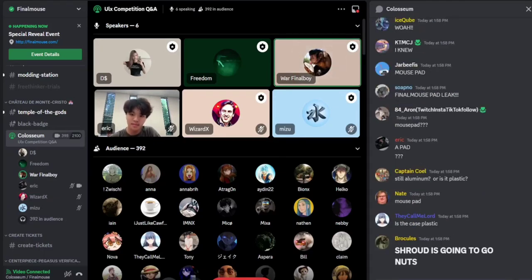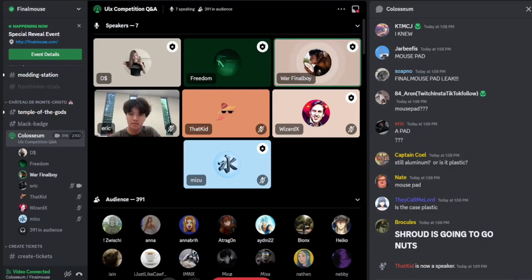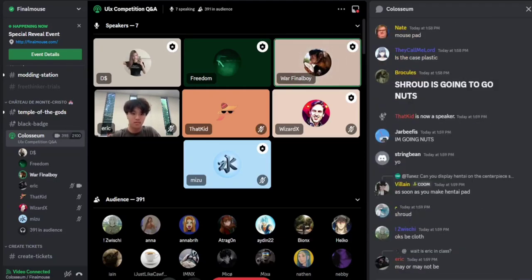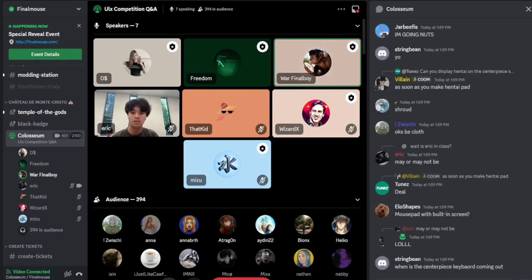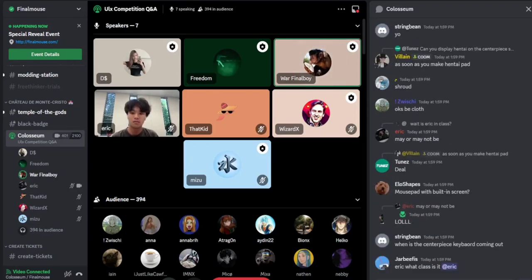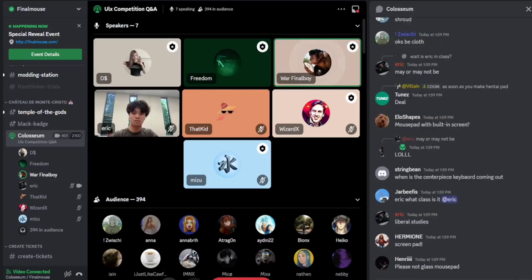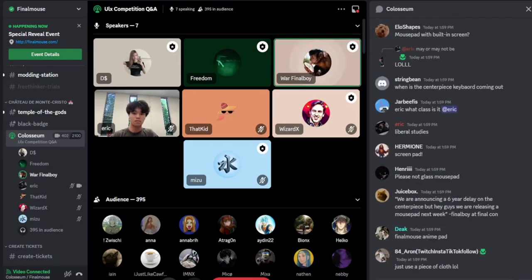I know a lot of you guys are passionate about Mousepads. And we never wanted to do a Mousepad that wasn't game-changing and innovative. And we've talked over and over as a community on what we can do with Mousepads. I know you guys have always talked in Discord about ideas and things. And basically a decade has gone by where we just didn't know what to do in Mousepads.